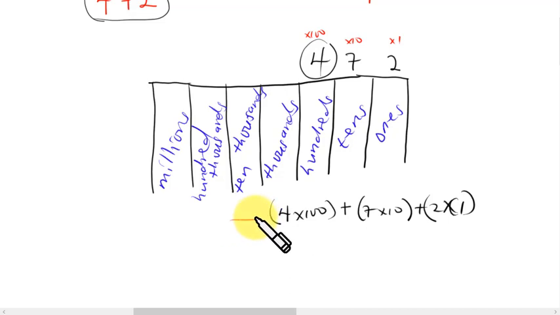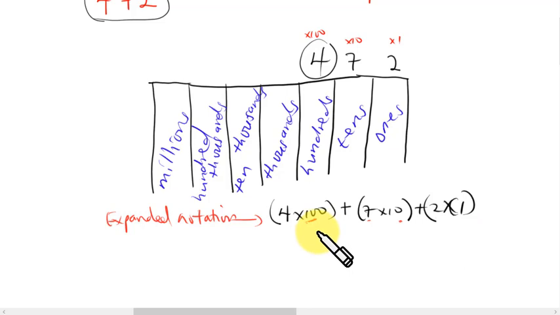All right. So that is the expanded notation. So you can see that we don't even need a place value chart. By just looking at the number 4, you know that it belongs to the hundreds position. Looking at the number 7, it belongs to the tens position. And looking at the number 2, you know that it belongs to the ones position.